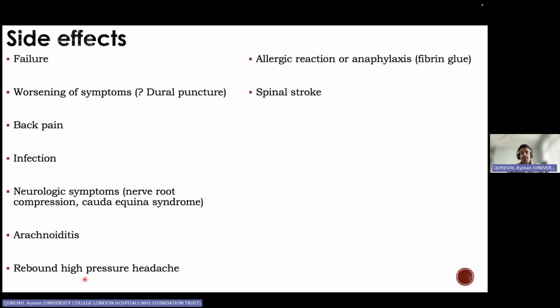And finally, extremely rare, but if there's the misfortune of injecting blood or fibrin into an important artery that goes to the spine in that location, then that can cause blockage of that artery and cause a spinal stroke. But this is exceedingly rare, but it has been described.